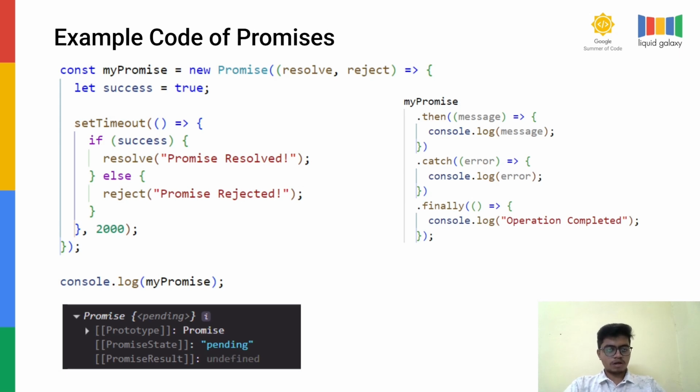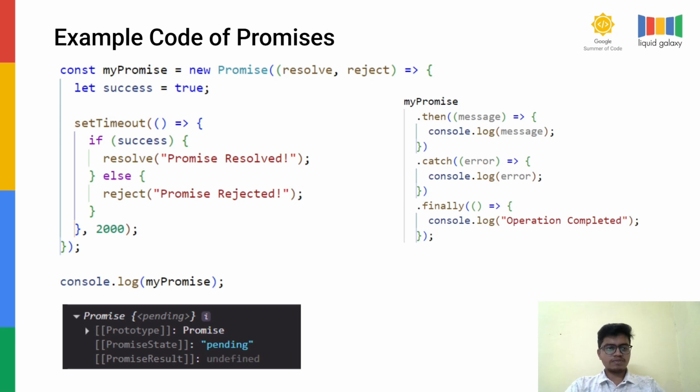In this example, I have created a variable named myPromise, which is a promise object. Inside of this there is a variable named success which is already set to true, and there is a setTimeout function.